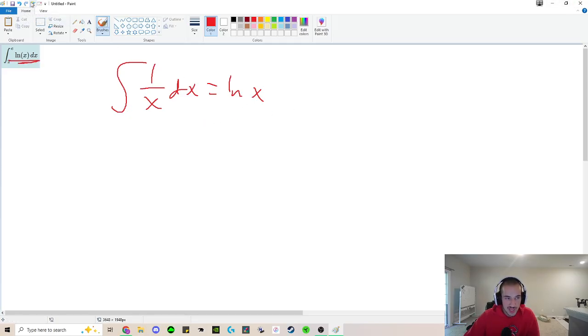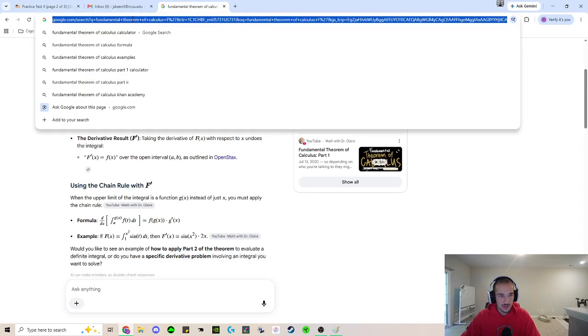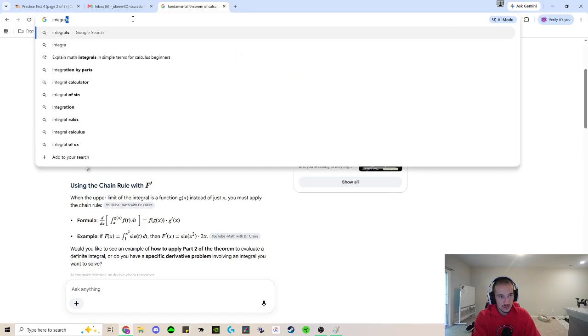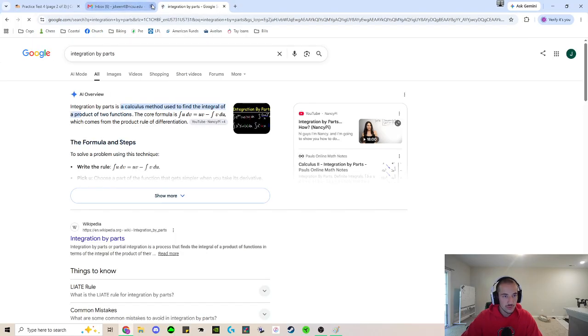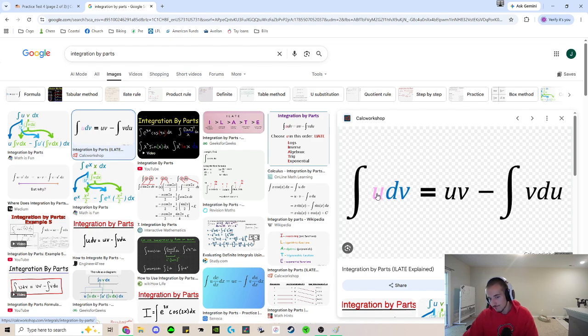So we kind of want to use that here, right? So here we're going to say that u equals what? When you think of integration by parts, let's pull up our formula here. I don't like to think of it as that weird matching stuff, like you got u, v, and then you match.